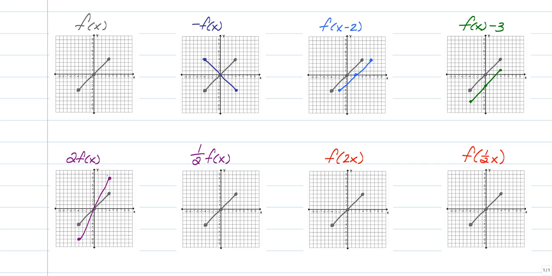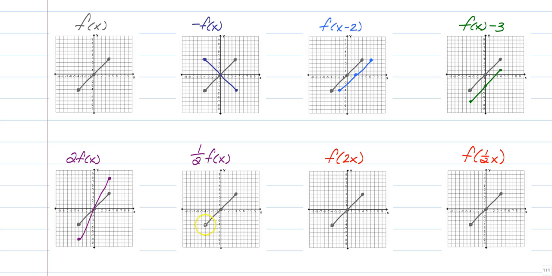So it's been stretched. Notice I didn't pull it left and right with the function here. This is a vertical. The number's out front, so we stretch it vertically by 2, not horizontally. So notice we're still on x equals 4. So if we had a 1/2, a fraction less than 1, it means it's going to get shorter.